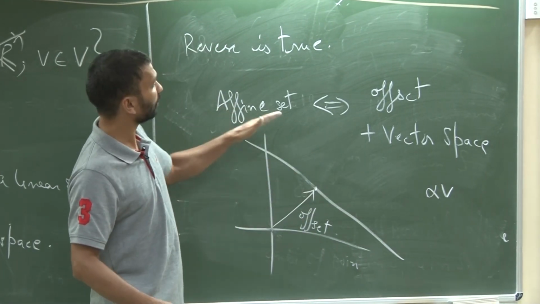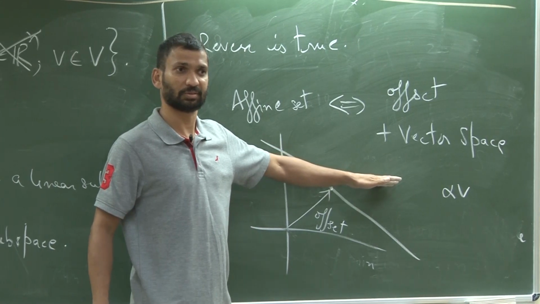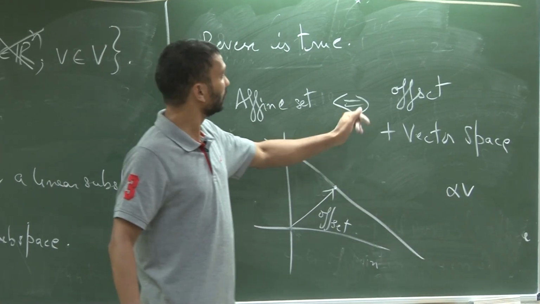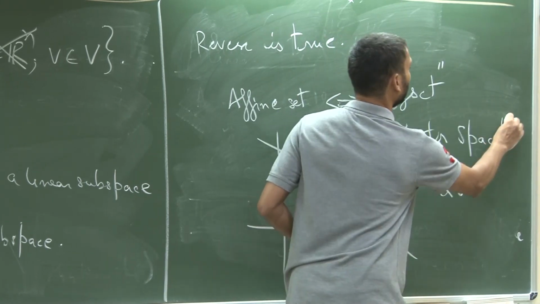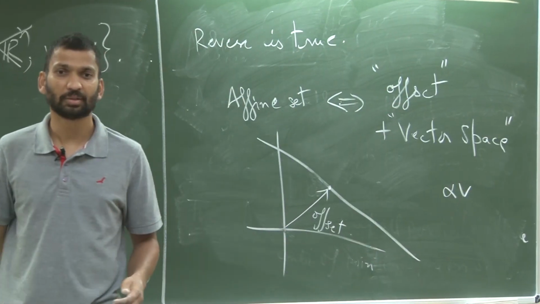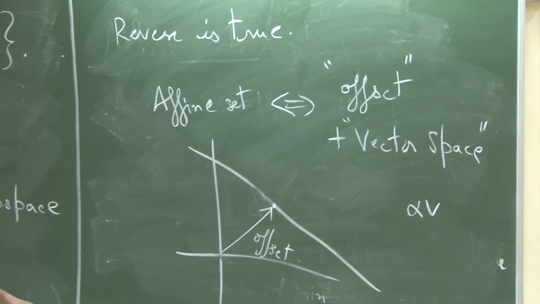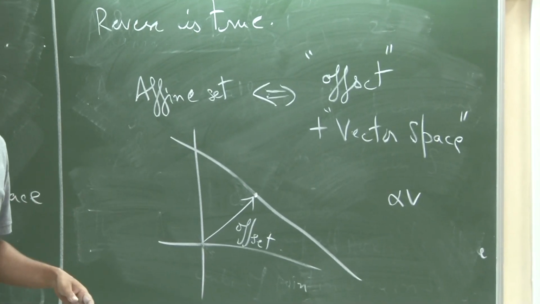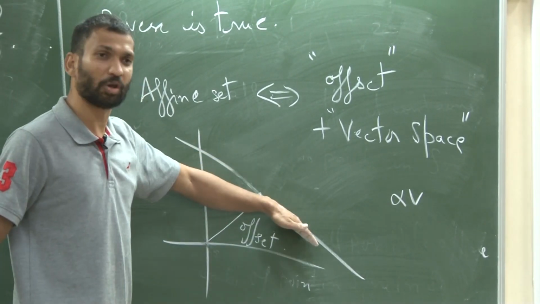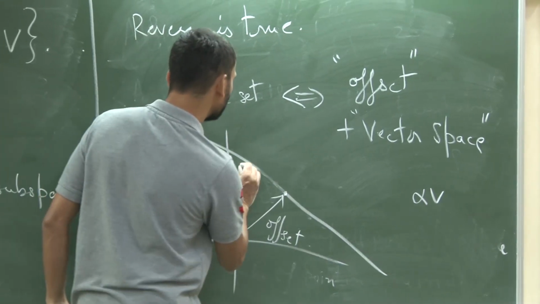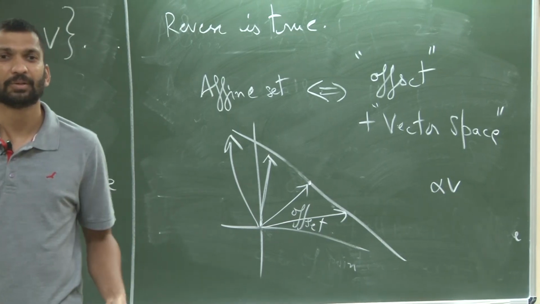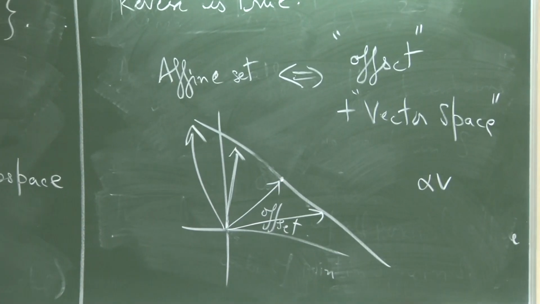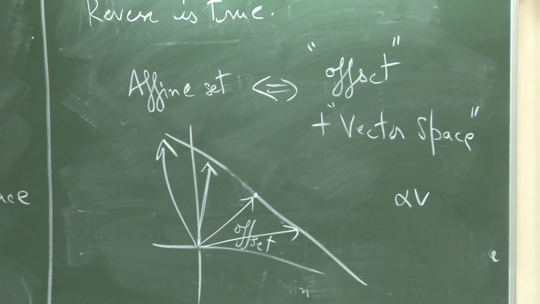But all your affine sets look like this. And now, if you look at this definition, these two things seem important. It turns out actually not. The offset is not really important. The vector space always remains the same. You can choose any point in the affine set as the offset.